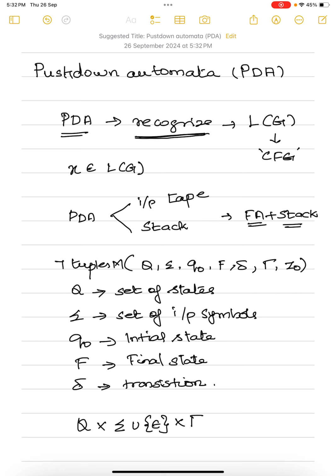So looking at the present state, the input tape and the stack contents, we will move to another state with either a push or pop operation in the stack. In case of push, the top stack symbol will be replaced with more symbols, or in case of pop, it will be replaced with epsilon, that is, the symbol will be removed.